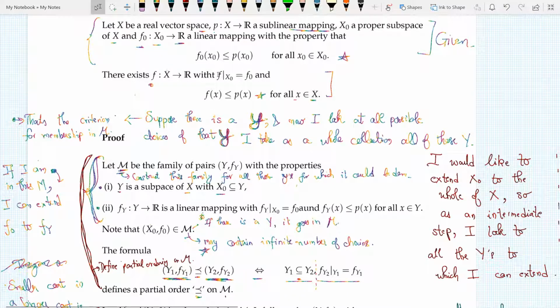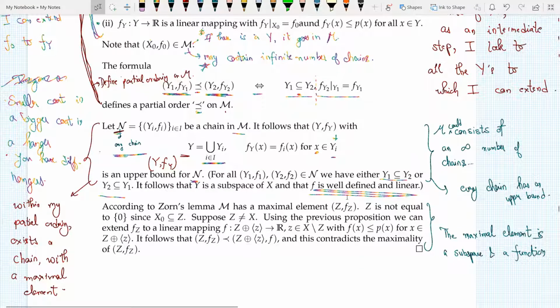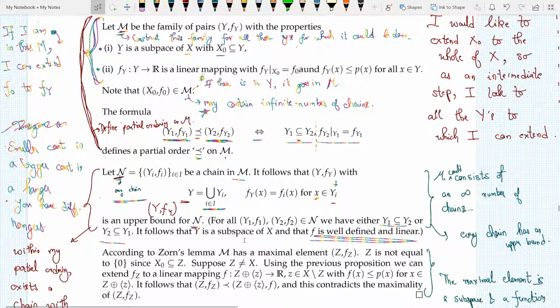This capital X and f as a pair is the upper bound of my partial ordering on the family of pairs. So according to Zorn's lemma, M has a maximal element Z, f Z, and we show that Z is not equal to 0 since capital M is not empty.